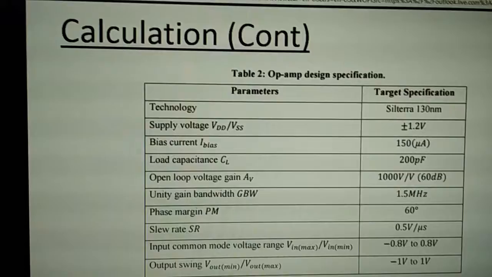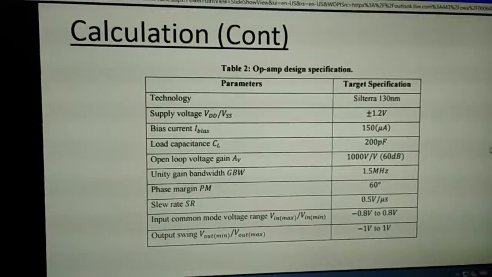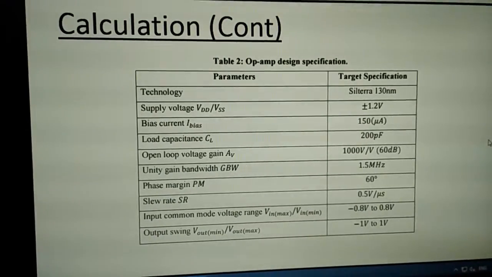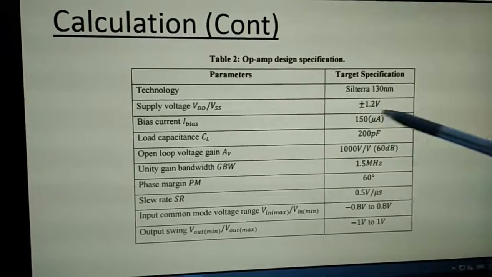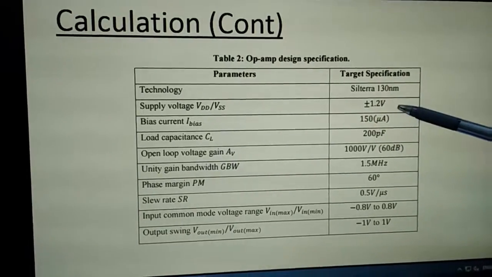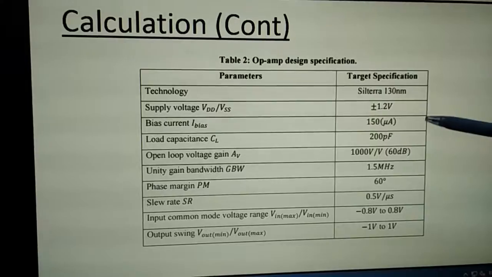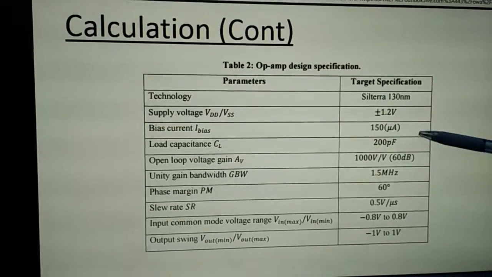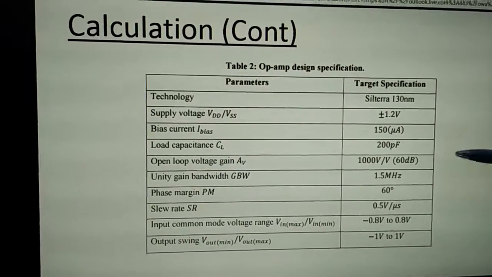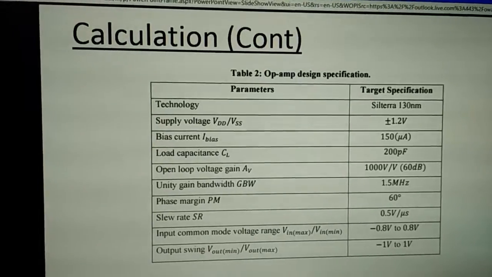This is the Op Amp design specification that is given in the assignment. The supply voltage is plus minus 1.2 volt, and the bias current is 150 microampere. The load capacitance is 200, and so on.